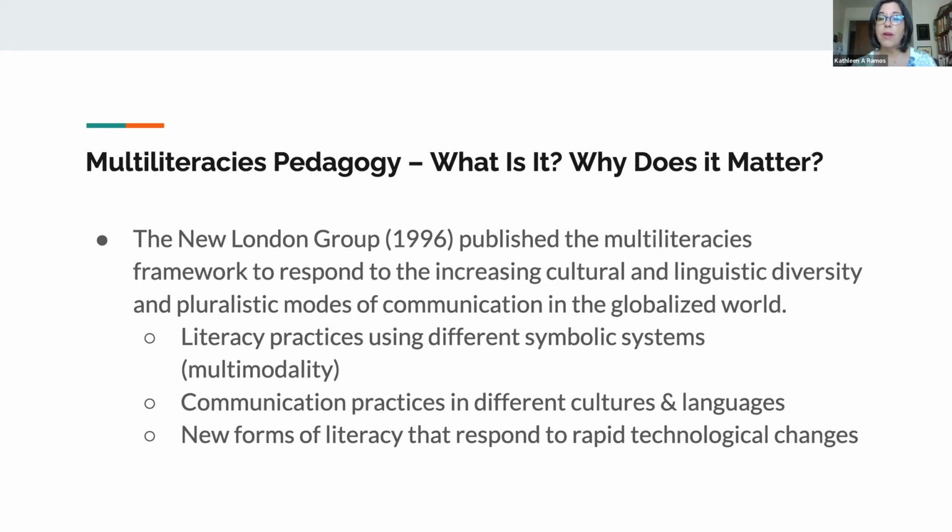We have seen a great shift in what it means to be literate. It involves different symbolic systems, what we'll call multimodality, and also needs to recognize that communication practices differ across cultures and language groups, and that the ever rapid changes in technology have been the impetus for us to consider what it means to be literate in a different way.